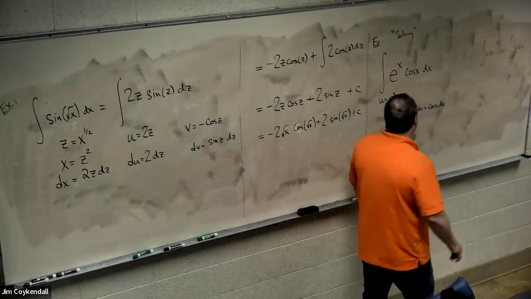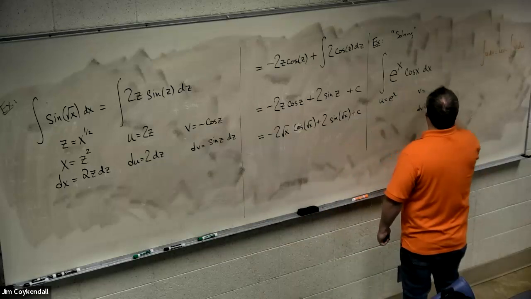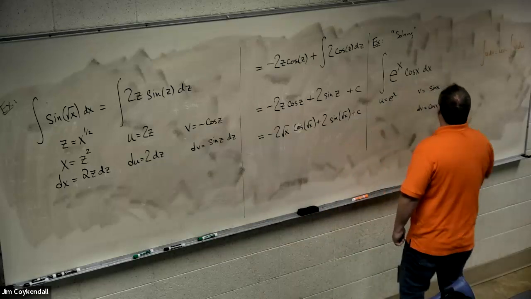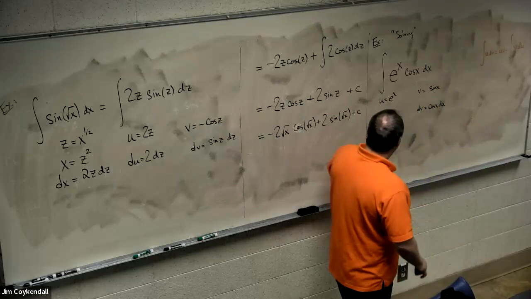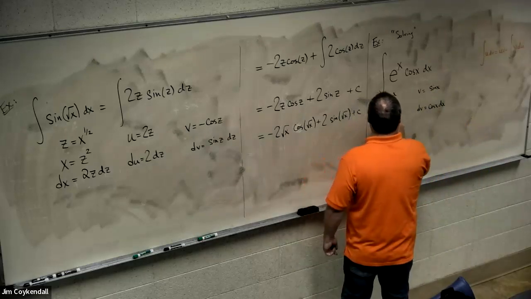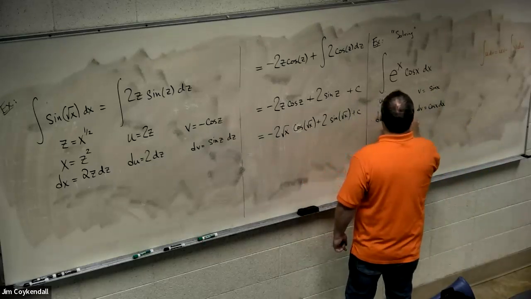Let's see what else we get out of this. Between sine x and d, or I'm sorry, du is e to the x dx.